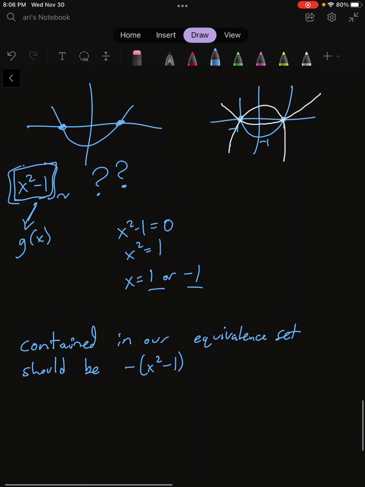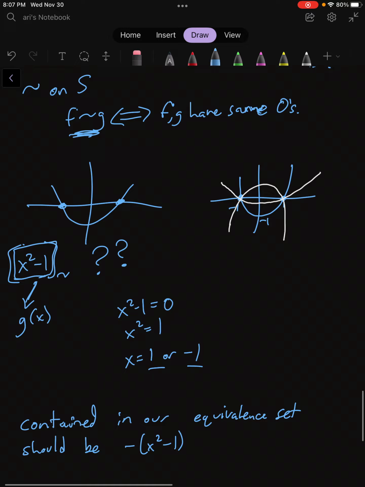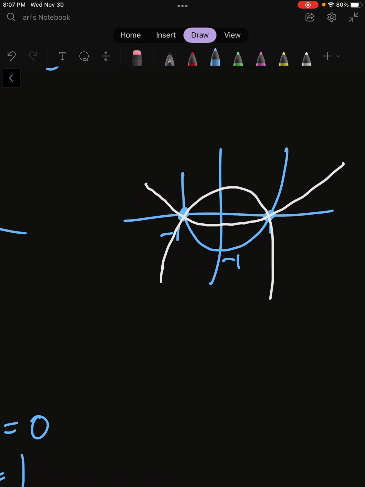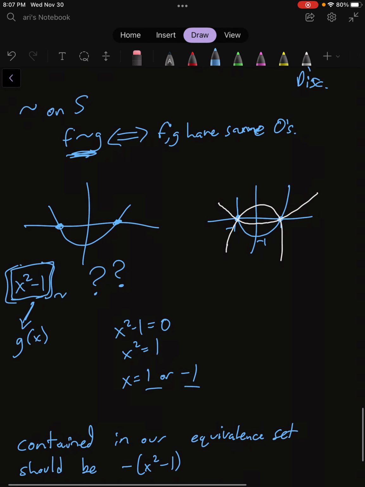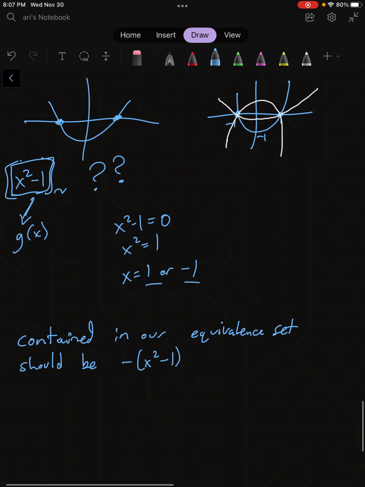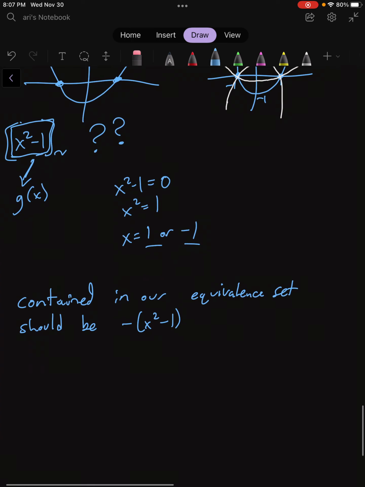And the way we would stretch our parabola, or scale it, is by multiplying it by something. So we could flatten it out by multiplying it by something that's less than 1. So we could multiply it by 0.5 times x squared minus 1, or we could stretch it and do 5 times x squared minus 1.